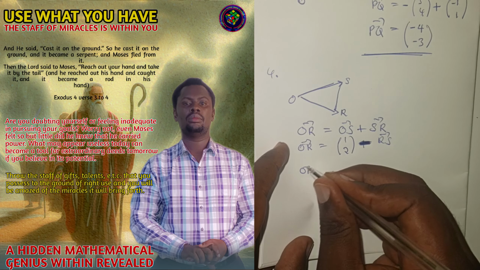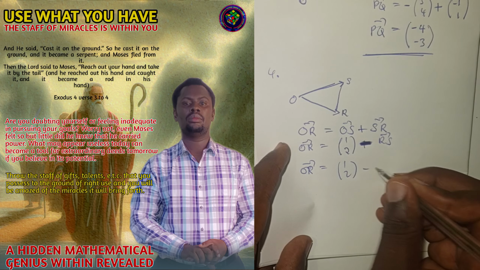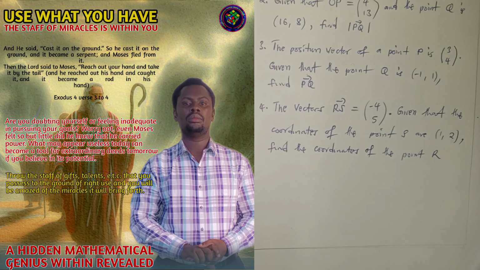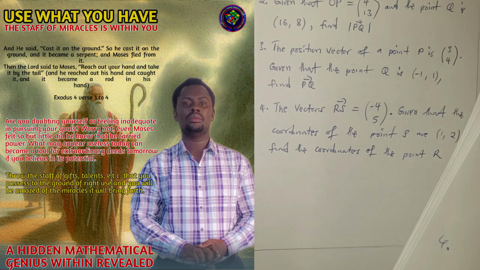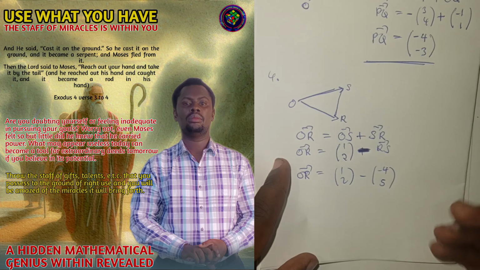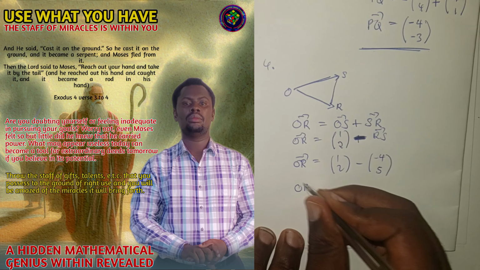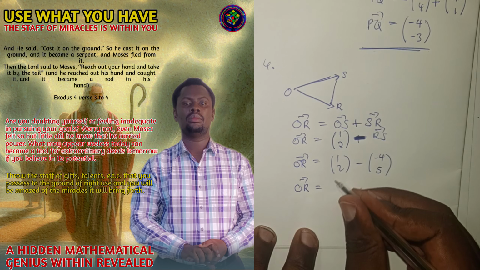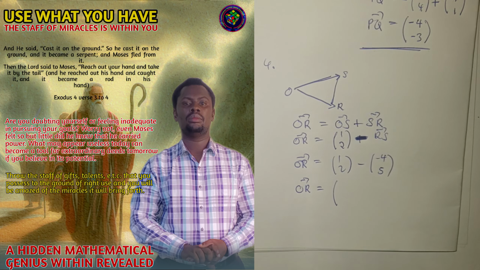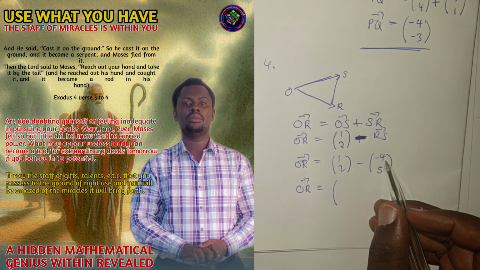And we know that RS is (-4, 5). So we have negative 4 and 5. So OR is equal to, here we just subtract corresponding entries. We have 1 minus negative 4.